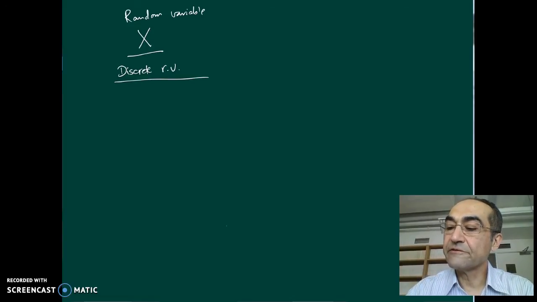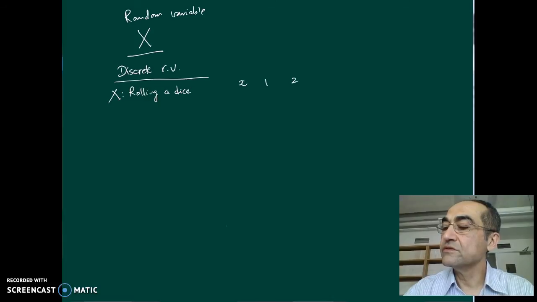An example is rolling a dice, where the possible outcomes x can be 1, 2, 3, 4, 5, 6, and then the probability of each of these outcomes.